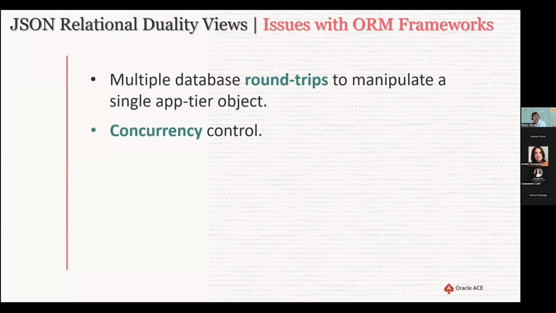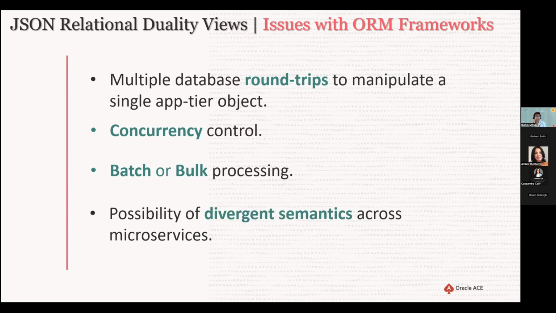They are not very good at managing concurrency control. They are very poor with batch or bulk processing, and at times there is always a possibility of divergent semantics across the modules and microservices, unless all of them share exactly the same mapping information.